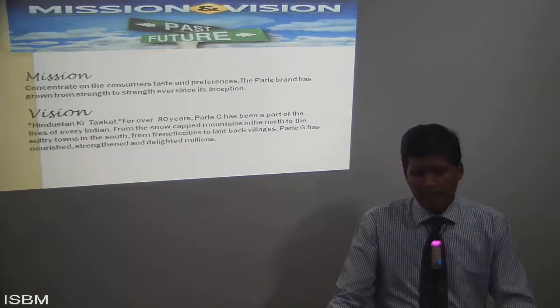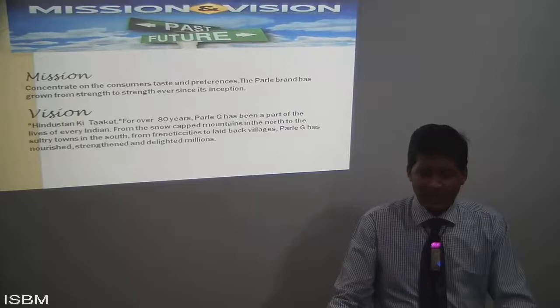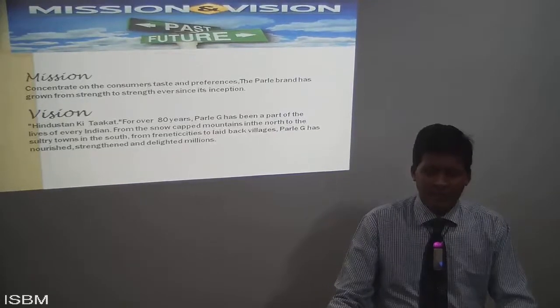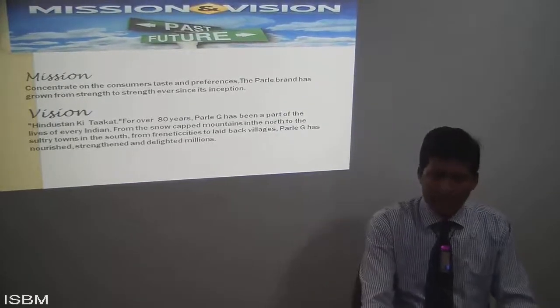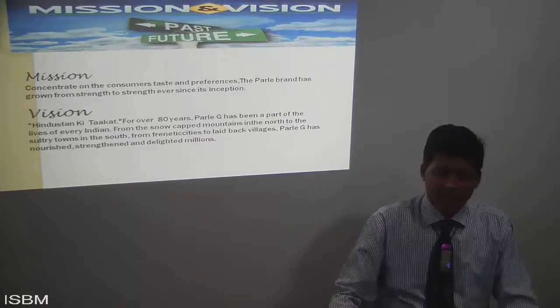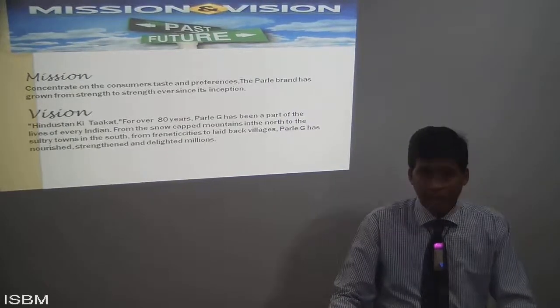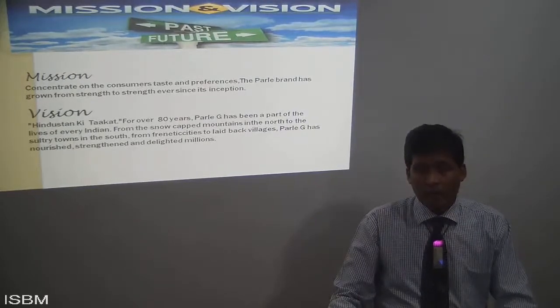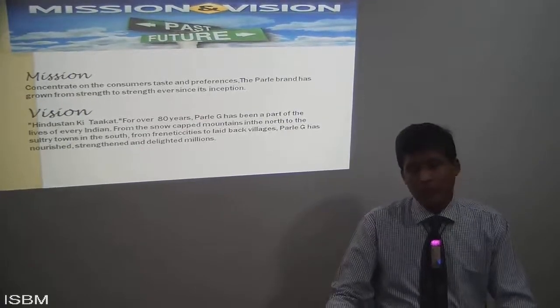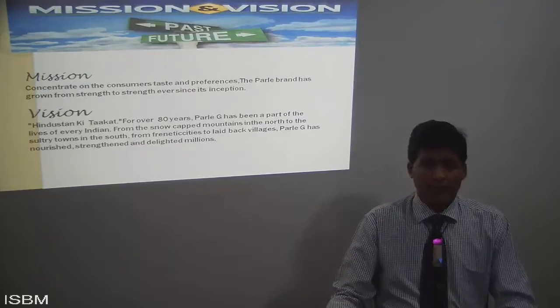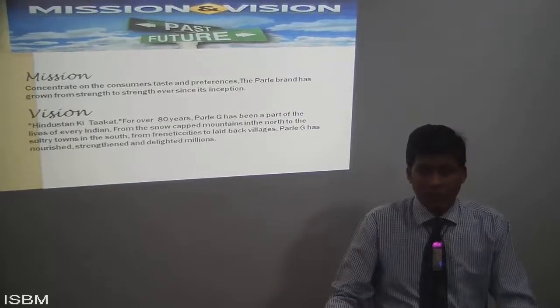From the snow-capped mountains in the north to the sultry towns in the south, from the frenetic cities to the laid-back villages, Parle G has nourished, strengthened and delighted millions of people in India and across the globe every day. For many people, it's a breakfast, with tea or maybe a Monaco, whatever the case might be.